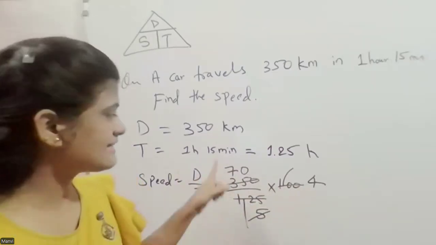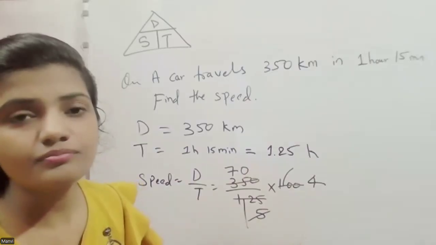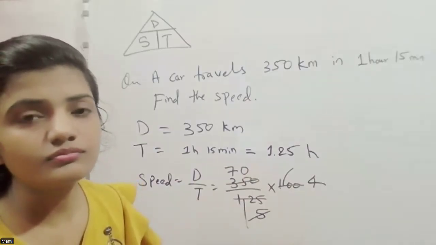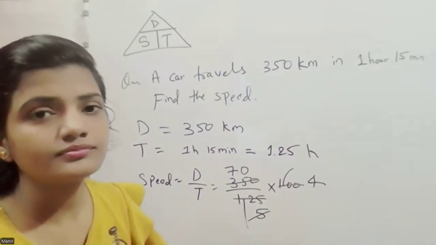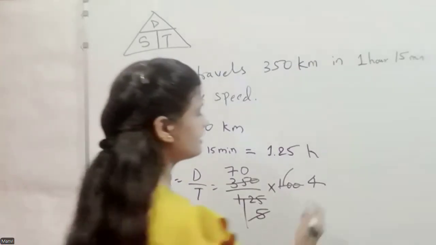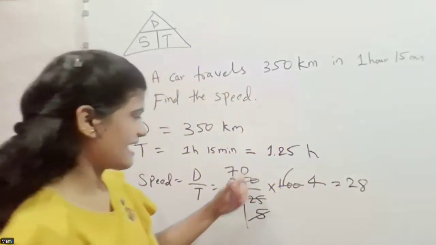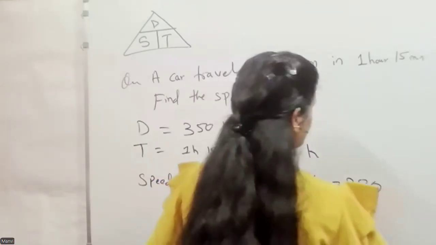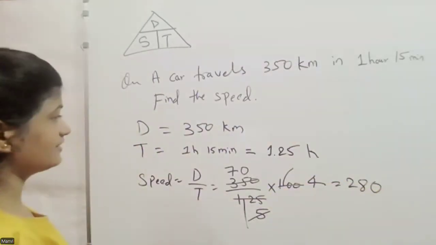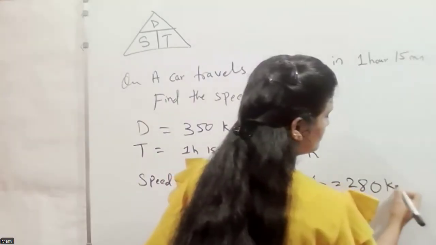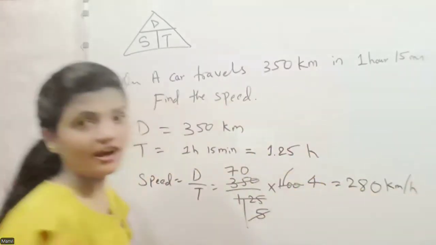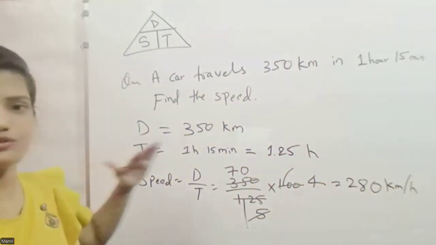No. 7 times 4 is 28. And what do you need to put at the end? 0. Yeah. So the answer will be 280 kilometer per hour.